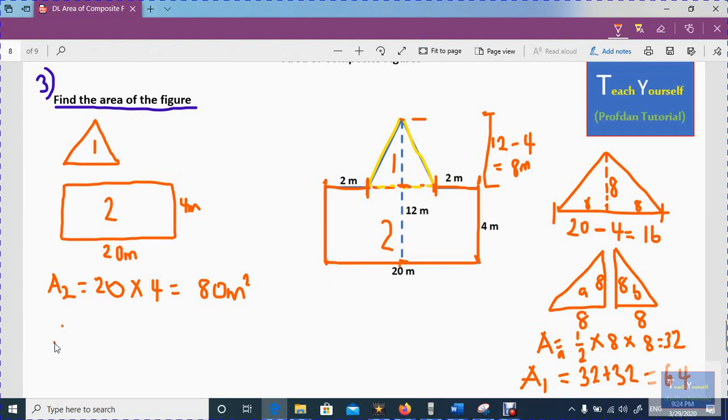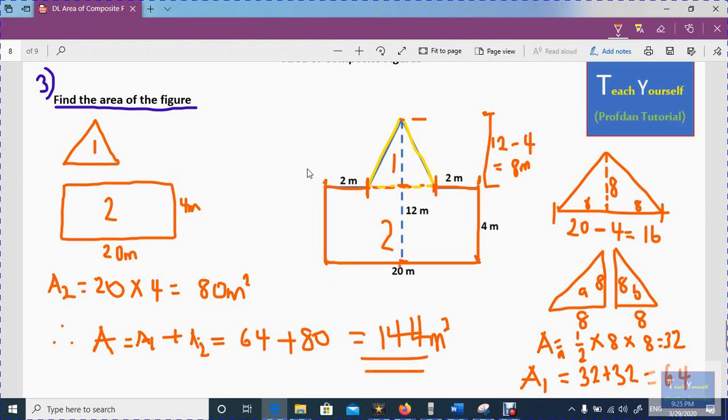Therefore, the area of the entire figure is the area of part 1 plus the area of part 2. The area of part 1 is 64, plus the area of part 2, which we got as 80. Finally, this gives us 144 meters squared.